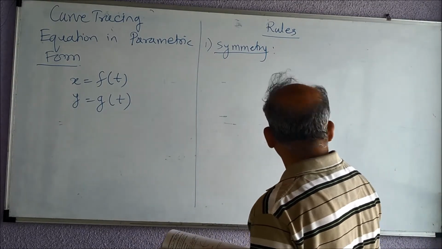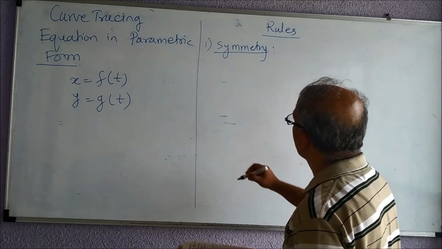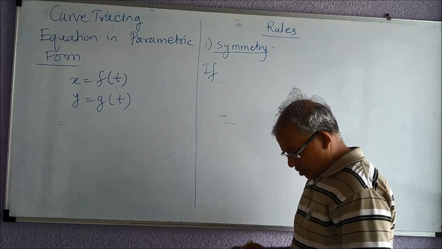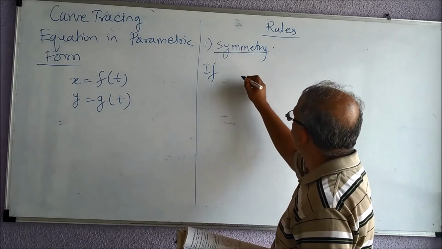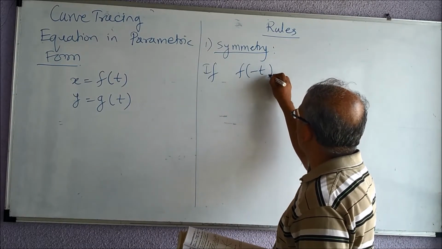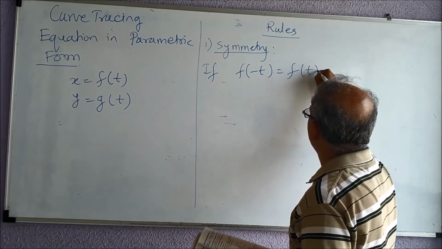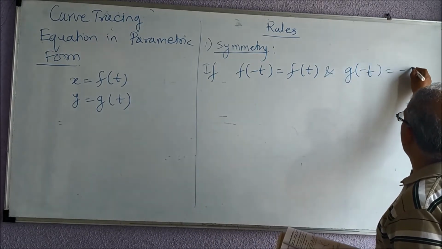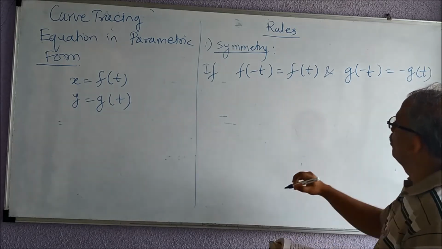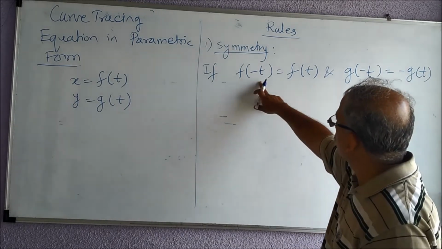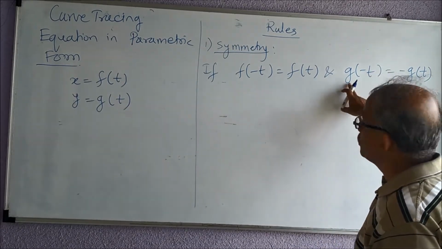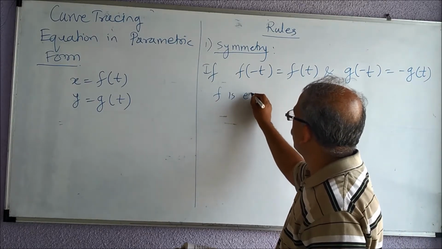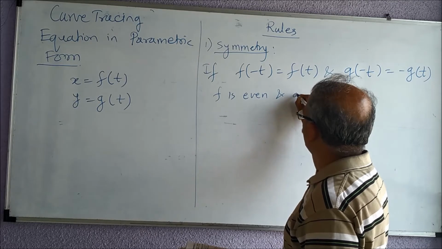If f of minus t is equal to f of t and g of minus t is equal to minus g of t, this means that f is an even function and g is an odd function.